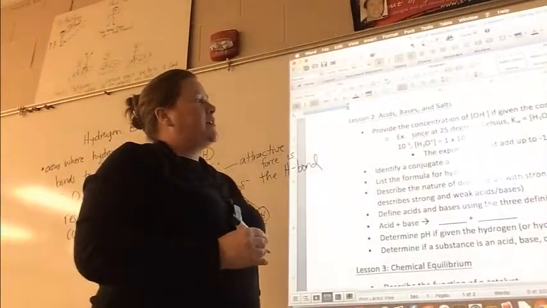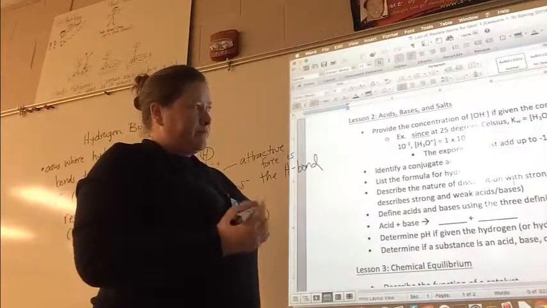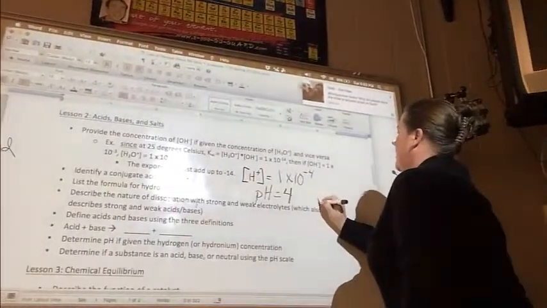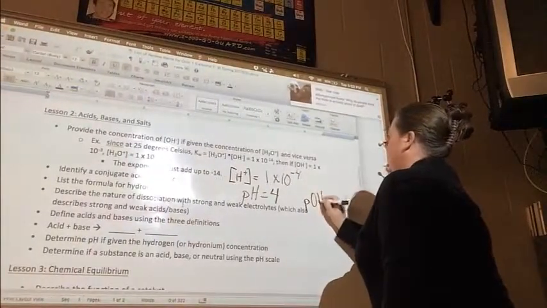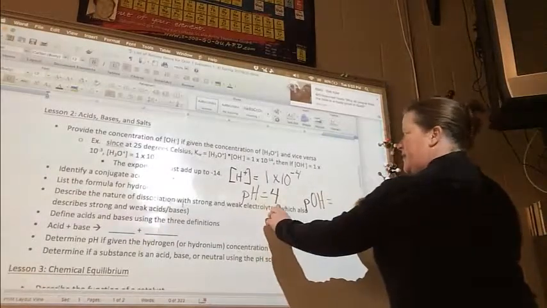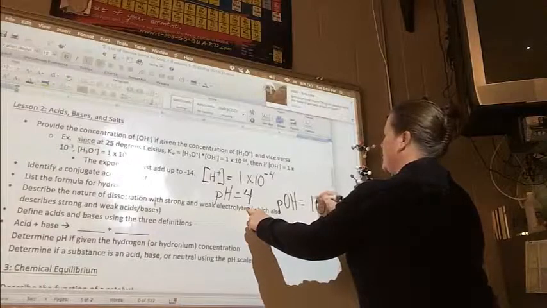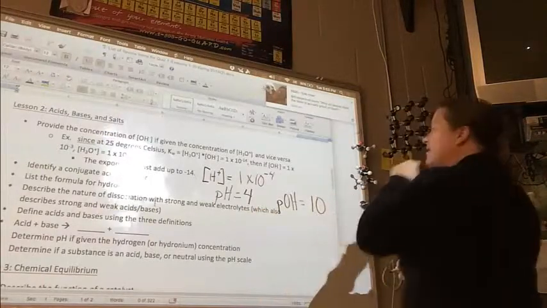Now, if I asked you what the hydroxide ion concentration is, you can also calculate what's called a pOH, and it's always going to be 14 minus 4. It's going to be the difference between the two. So the pOH would be 10.